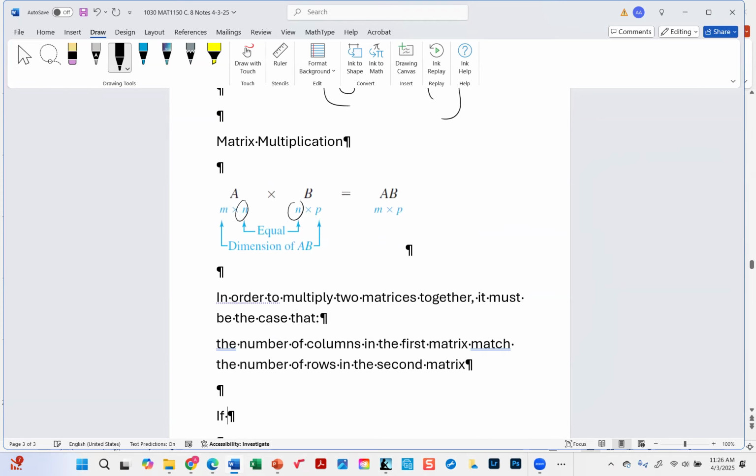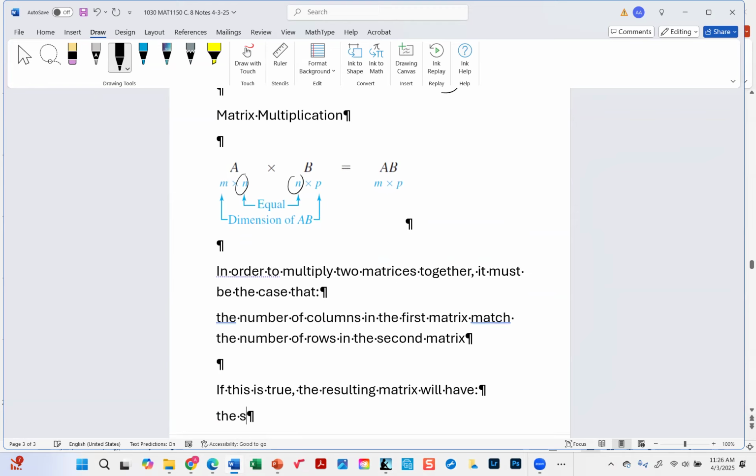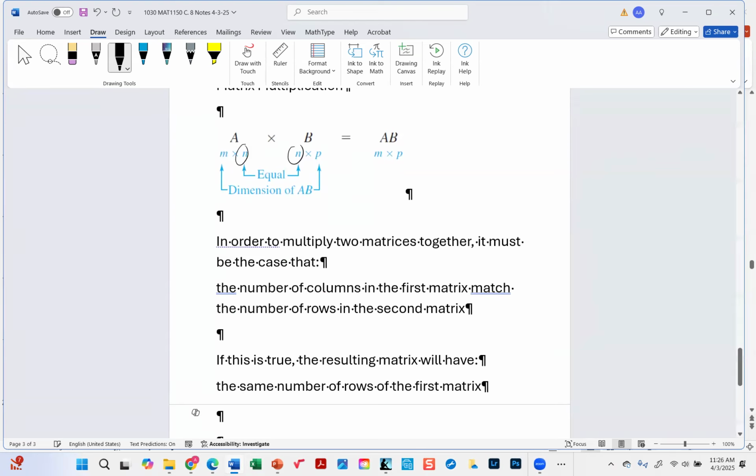If this is true, the resulting matrix will have the same number of rows of the first matrix, the same number of columns of the second matrix.